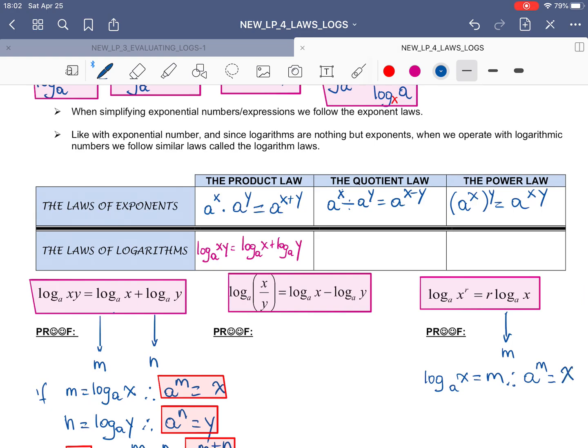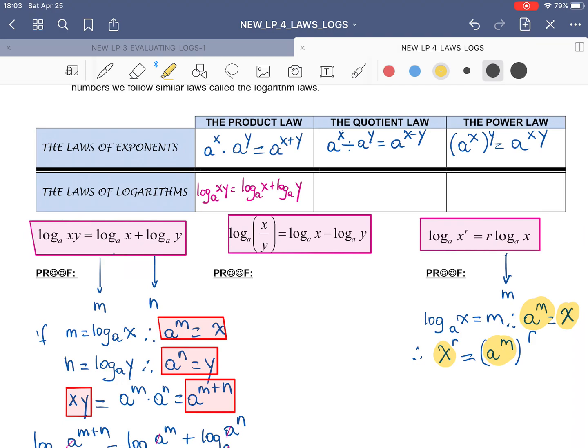Now if a to the power of m equals x, then x to the power of r must equal a to the power of m to the power of r. And just to highlight this here, this is a to the power m, that's x.